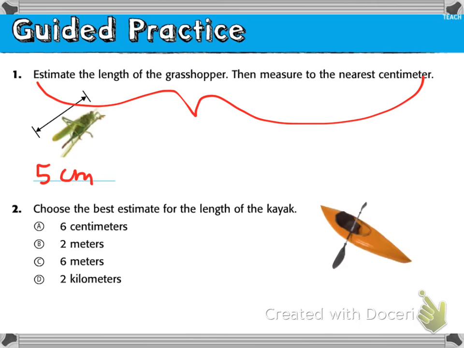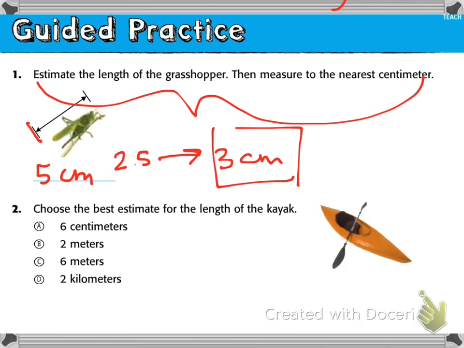Okay, now I've got my ruler, and I'm going to put the 0 right here on this line. Oh, and look, when I measure that, it is a little bit past 2.5 centimeters. So, since it's past 2.5, it would estimate to the nearest centimeter as 3 centimeters.